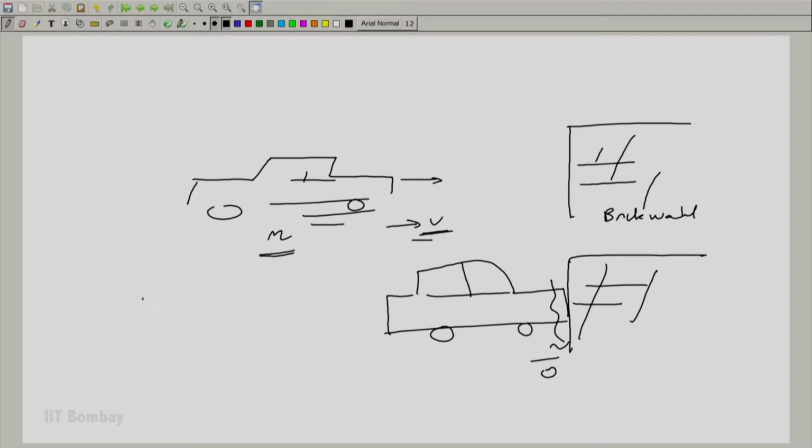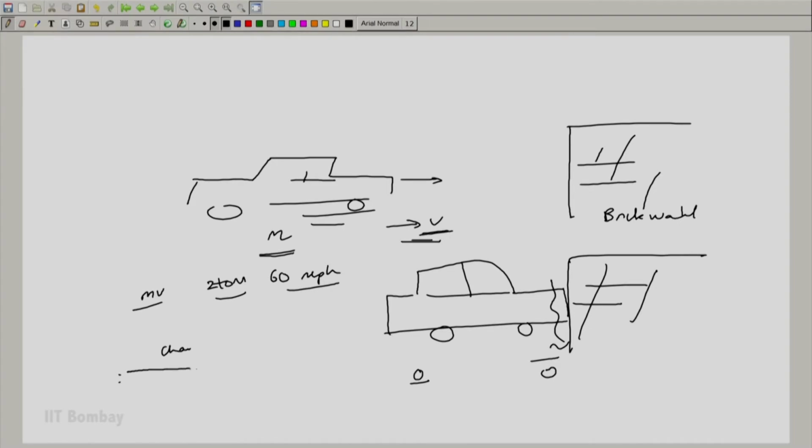So the momentum which was first mv is now 0. If the car is moving really fast, say at 60 miles per hour, and cars weigh 2 tons or something like that, which is 2000 kilos, assume it's moving at a constant speed.